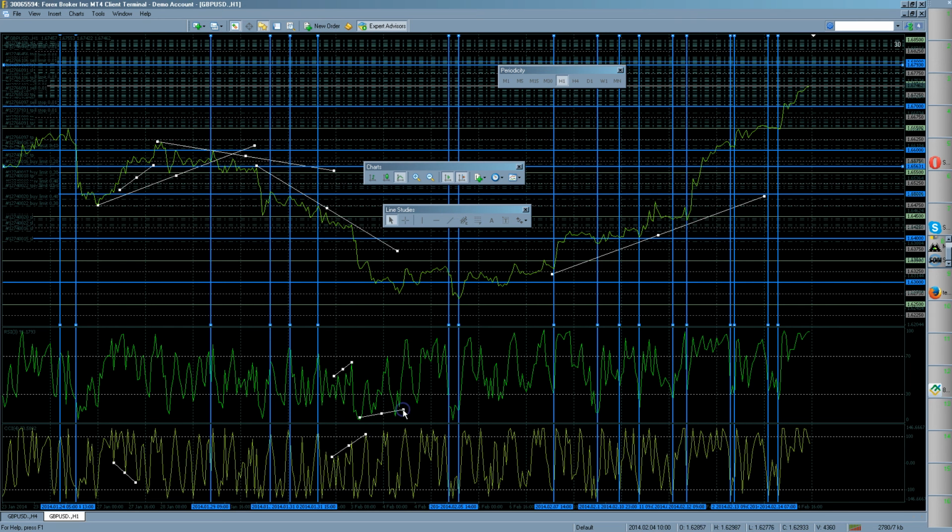Kind of stretched out on the RSI. So you figure once this trend line's taken out, and here's the perfect rollover, that resistance becomes support on the trend line.